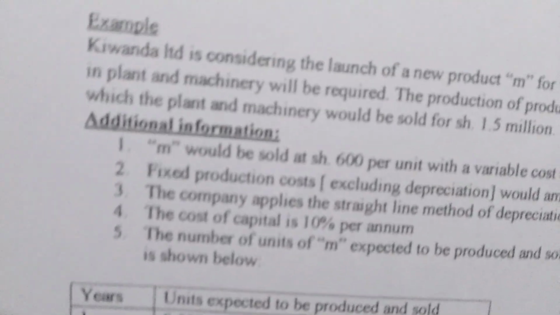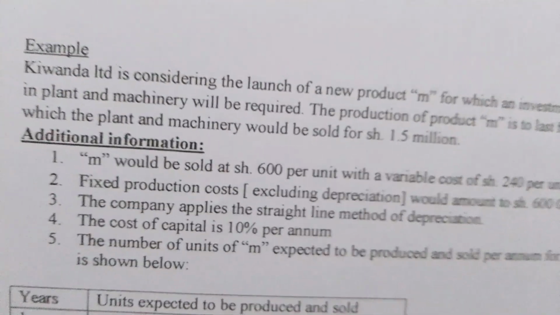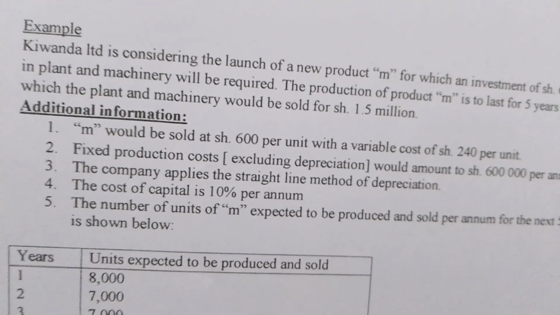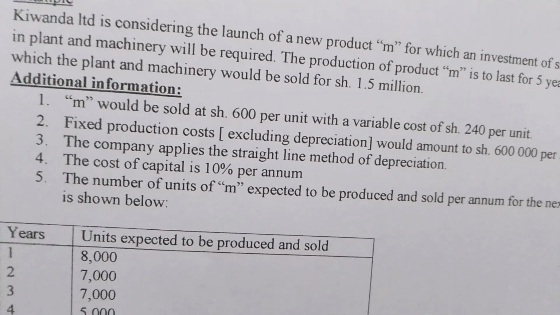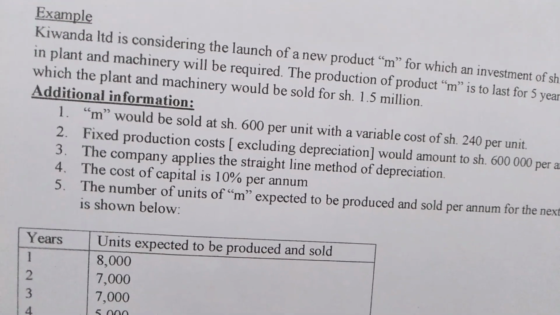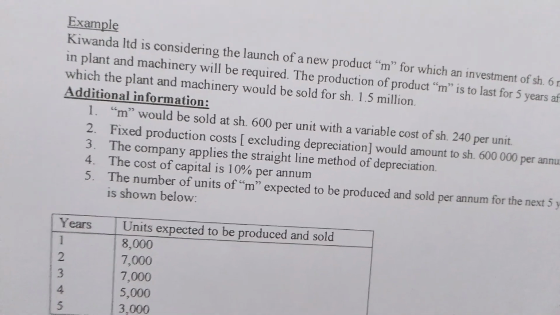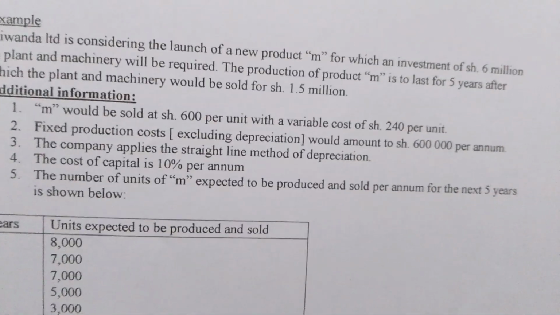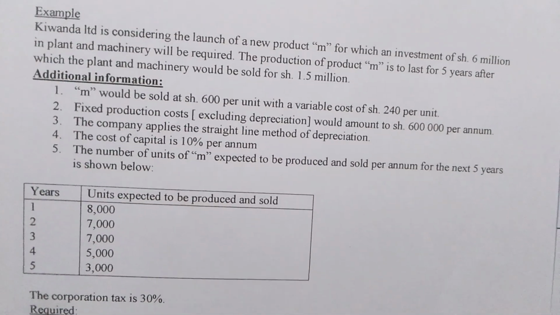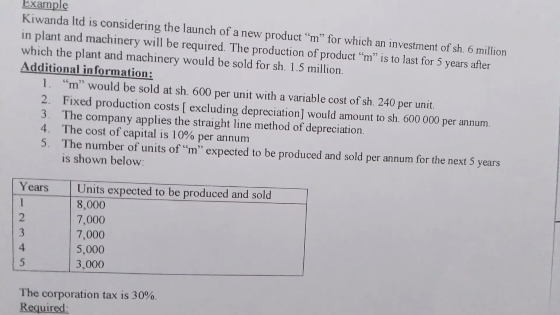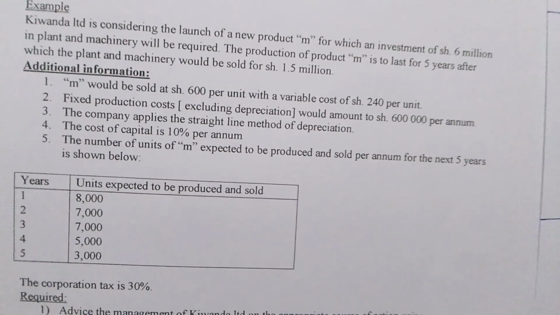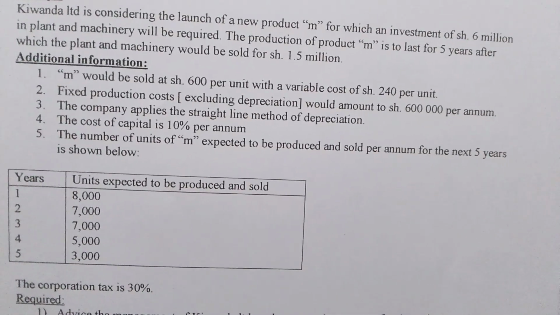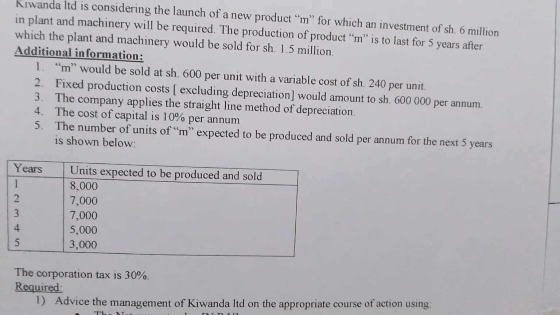Our cost of capital, if you look at additional information number 4, we are told is 10% per annum. Therefore, what is the implication? 10% is the cost of capital, and therefore, to get the present value interest factor for each year, you'll be taking (1 plus 10%), close the brackets, raised to negative n.